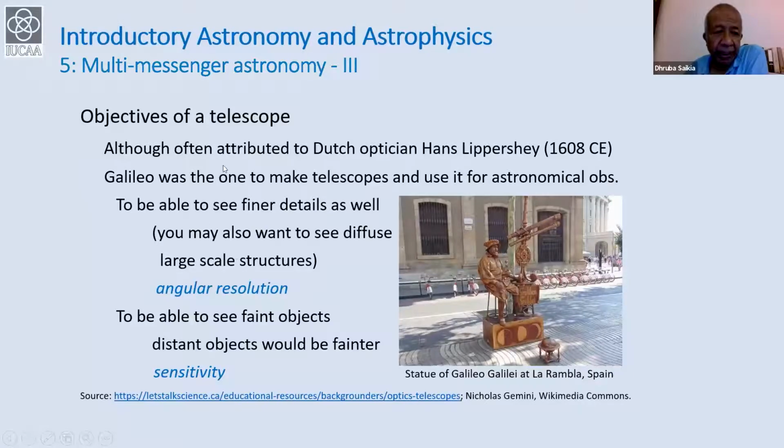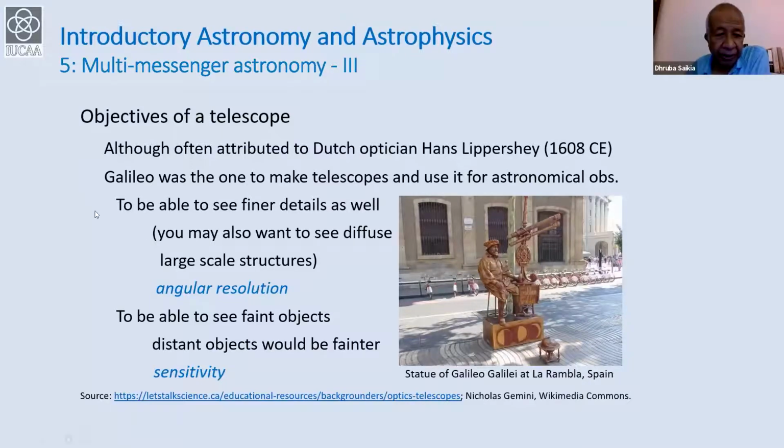As we saw in the history of astronomy, the telescope is often attributed to the Dutch optician Hans Lippershey, who put lenses together, but Galileo was the one who really demonstrated its utility for astronomical observations and made several important discoveries.